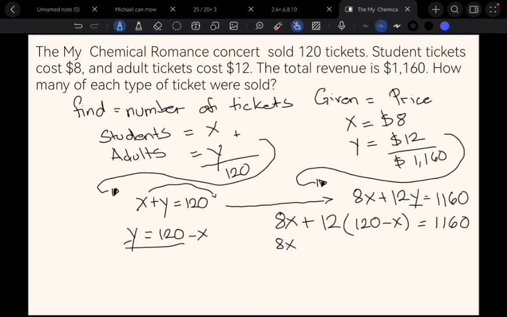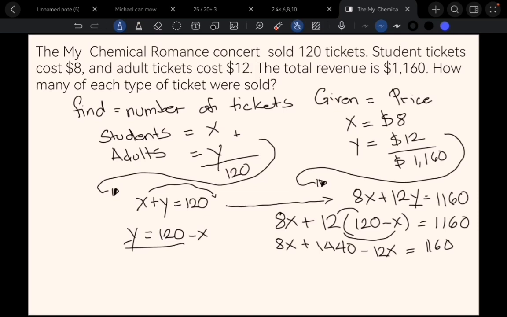1,160. Okay, we can simplify or combine like terms. So first, rule of PEMDAS, multiply the one in parentheses. 12 times 120, that's 1,440 minus 12x equals 1,160.